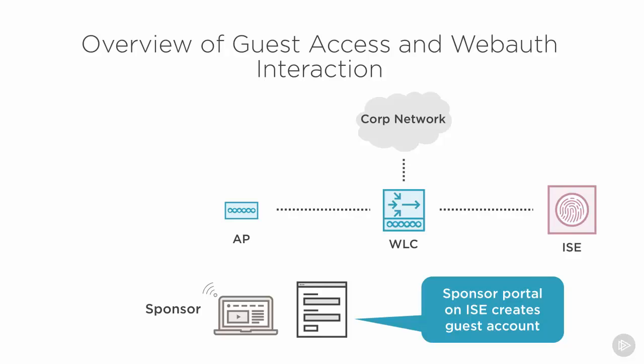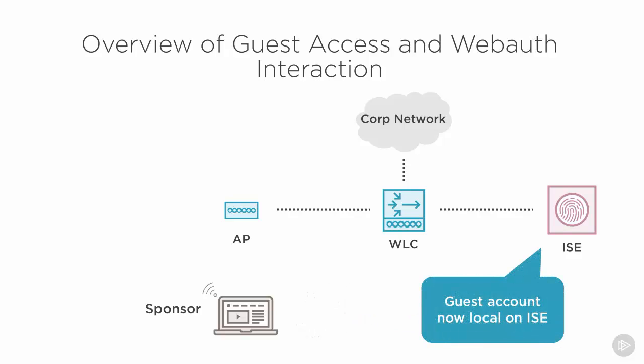They'll make it easy for our sponsors to know how to get there. Sometimes you'll see people create a CNAME so that they can enter like sponsor.mycompany.com and then have that redirect to the PSN of ISE and the sponsor portal. And so they'll connect there and, after logging in, they'll create an account, and then that account will now be a local guest account on ISE.